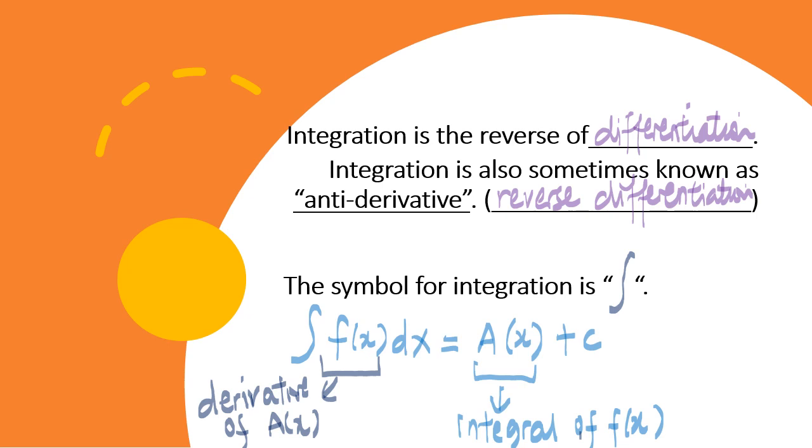But when I integrate f of x, I will get A of x. And what does this constant represent? This constant is just an arbitrary constant. What does arbitrary mean? It means it's not fixed. It means the constant is not fixed. It can vary.